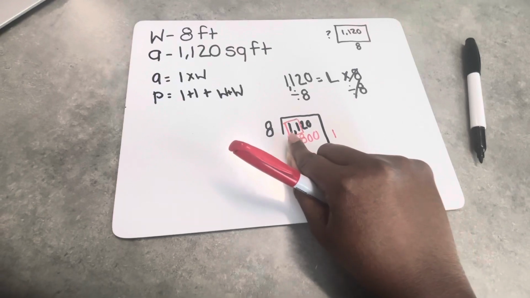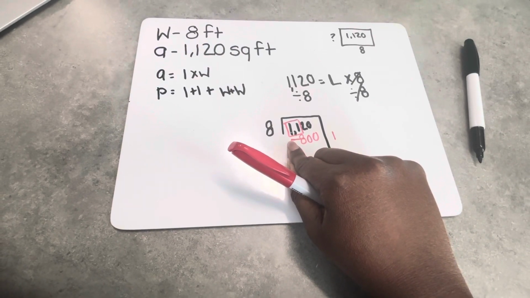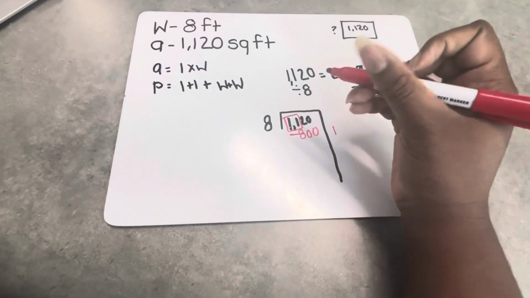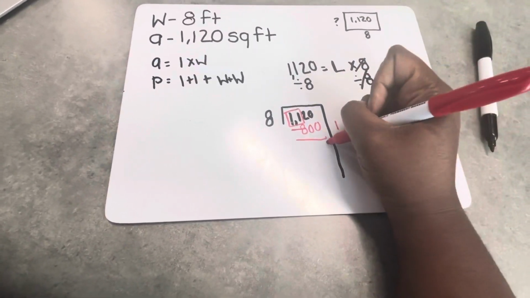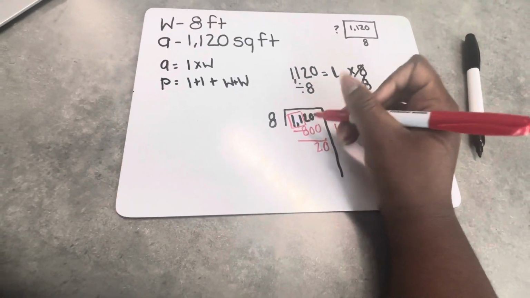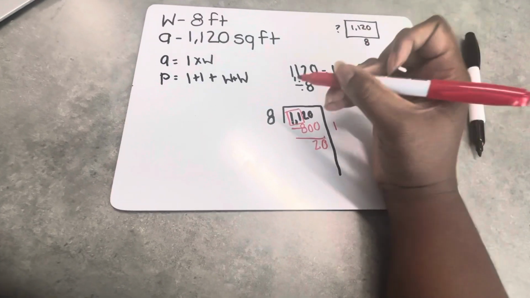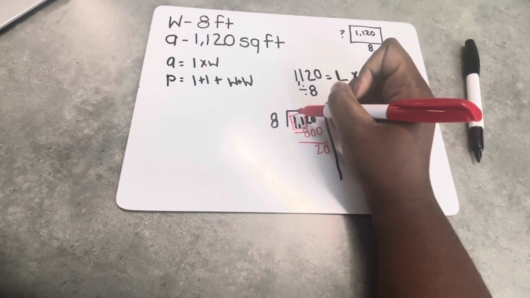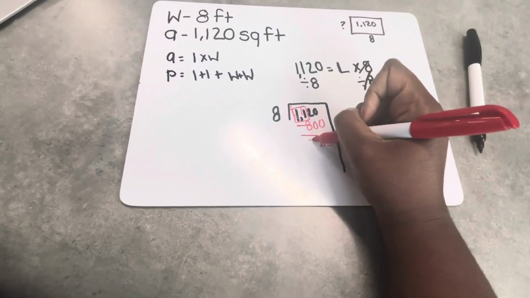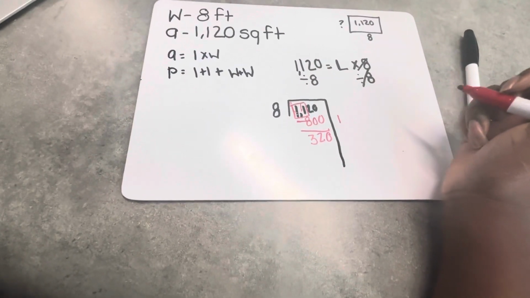If we put the 8 there, that would technically be 8 tens. Okay, so keep that in mind. All right, so we're going to subtract. 0 minus 0 is 0. 2 minus 0 is 2. 1 minus 8 I cannot do, so I'm going to borrow. That 1 is going to turn into an 11. 11 minus 8 is 3. So I'm left with 320.